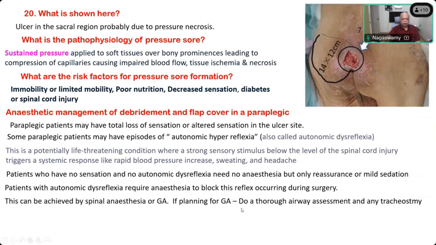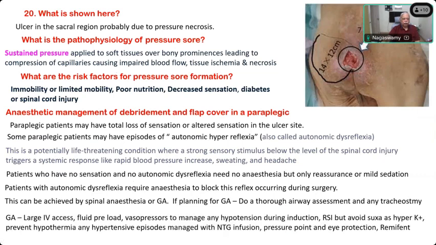And if you plan for GA, do a thorough airway assessment and ask whether patient was on tracheostomy, because this usually happens in patients with spinal cord injuries or patients who are on prolonged ventilation, and they might have had a tracheostomy earlier. So that will make GA intubation a little more challenging. And you have to have a good IV access, fluid preload, vasopressors to manage any hypotension during induction, and they may have GERD also.